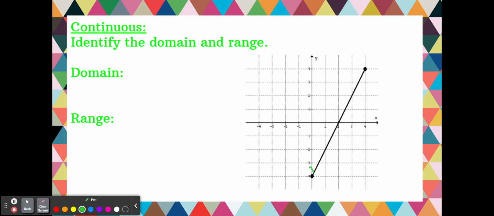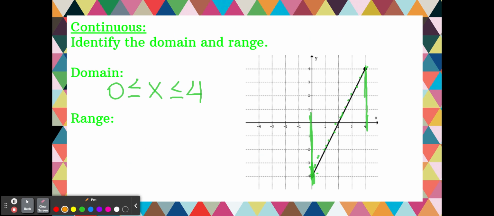Okay, so our domain, the lowest domain or x value is 0. The highest is 4. Domain is our x, so we're between 0 and 4. All of our points, meaning all the points on the line, are all bigger than 0 or equal to. And I think they're equal to, yeah. And then they're also equal to 4 or smaller than 4.